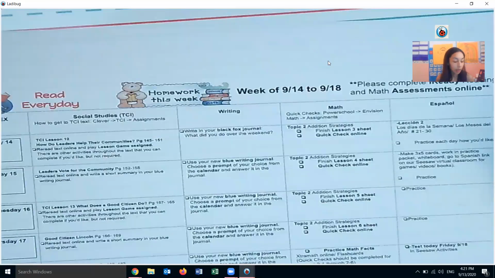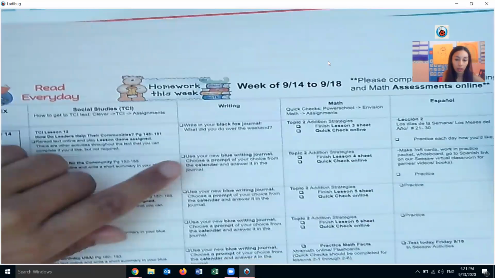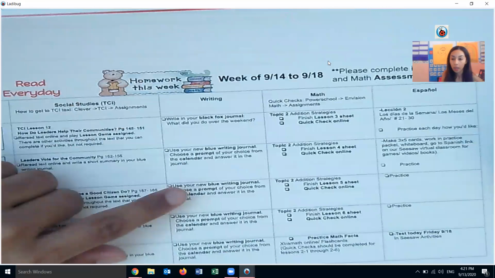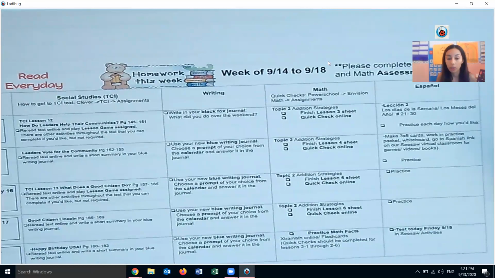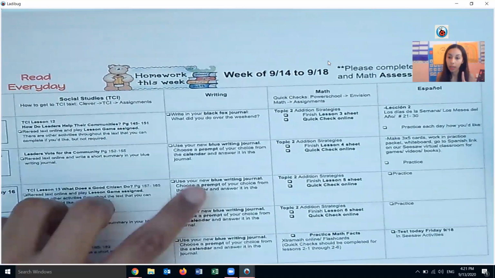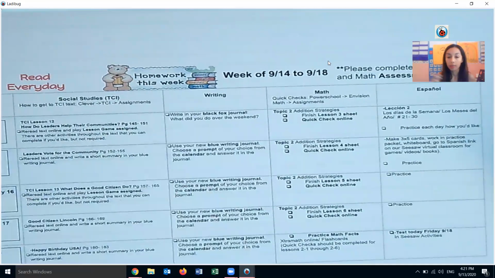So this week for Tuesday, Wednesday, Thursday, Friday, you're going to have a calendar. It's inside of that blue writing journal in the first page. You'll see it there. And there's a calendar for September, and there's a whole bunch of choices of different prompts, different topics you can write about. So I want you to pick a topic per day, just one a day, and then just write however much you can.